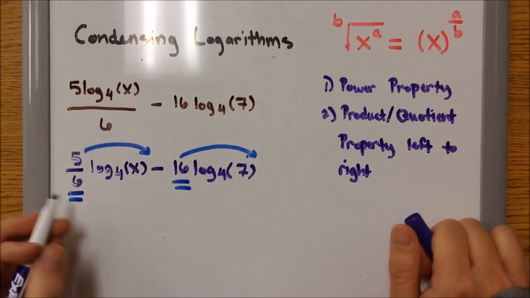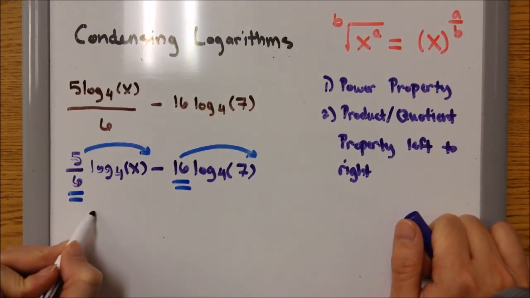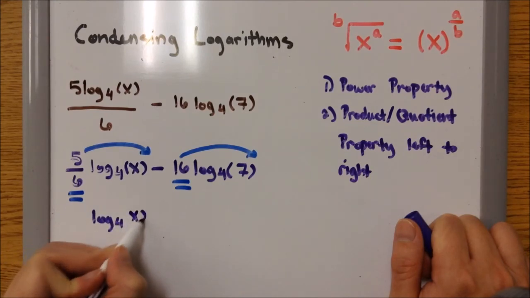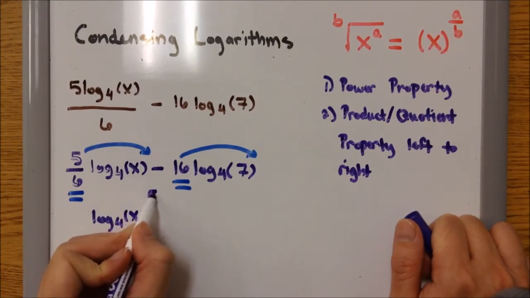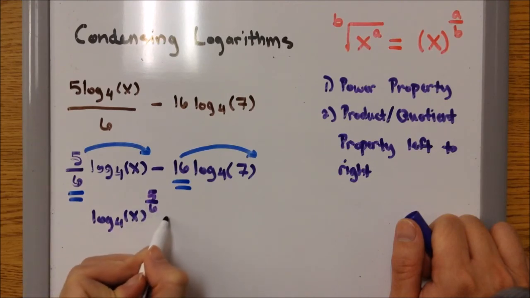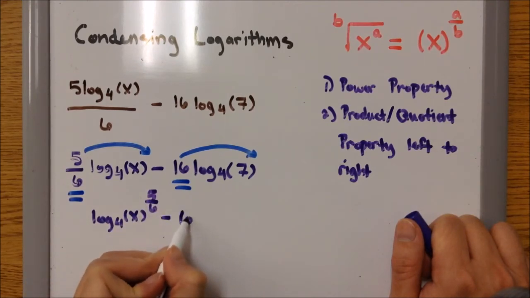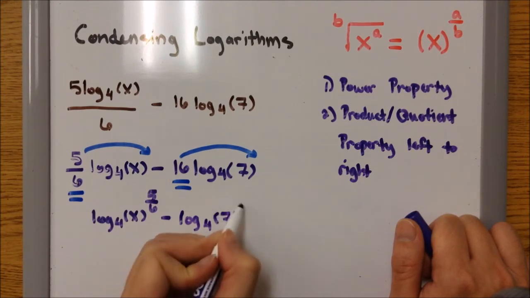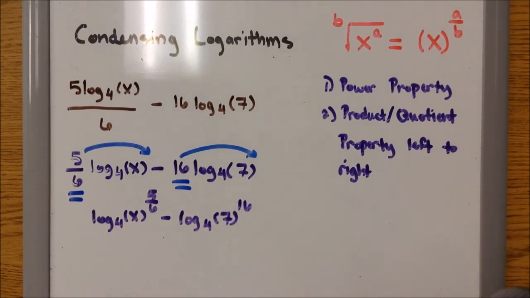So what we're going to have is log base 4 of x to the 5/6 power minus log base 4 of 7 to the 16th power. Alright, so there's no more numbers in front of logs, and they are being used as exponents.